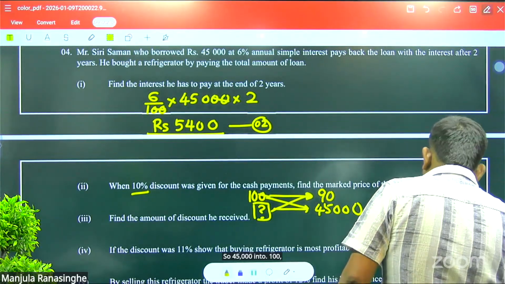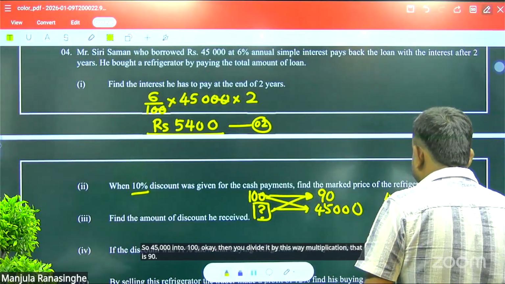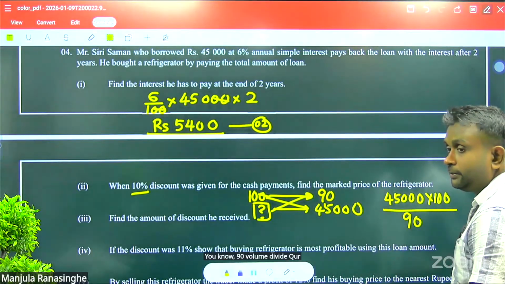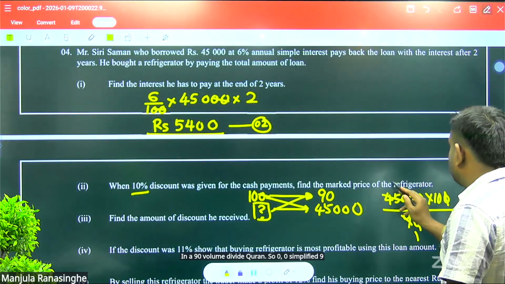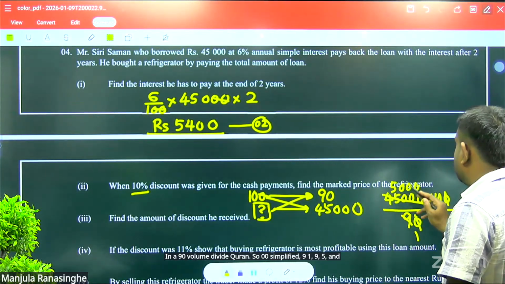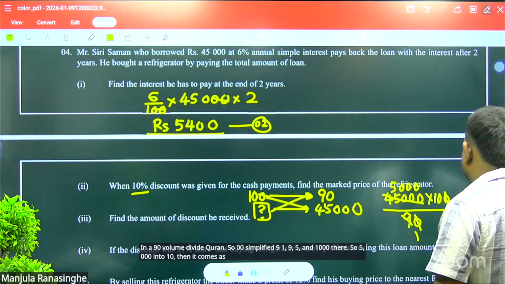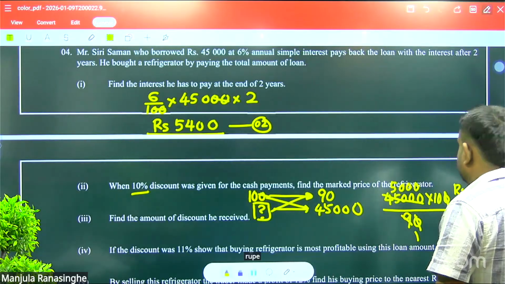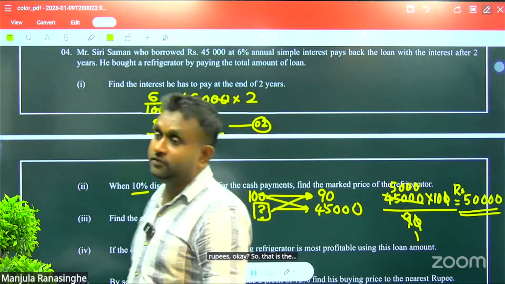Then you divide by the other one, that is 90. Divide by 90. So 0, 0 simplified, 9, 1, 9, 5 and 1,000 there. So 5,000 into 10, then it comes as 50,000 rupees. Okay. So that is the marked price of the refrigerator.